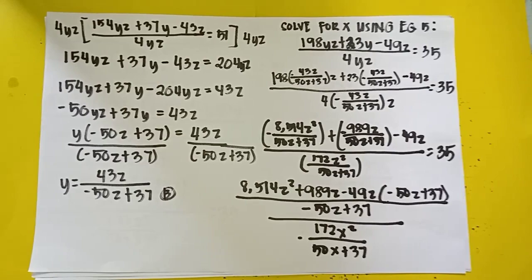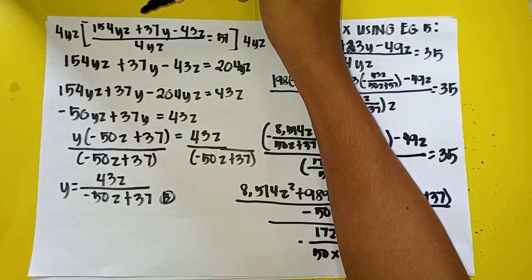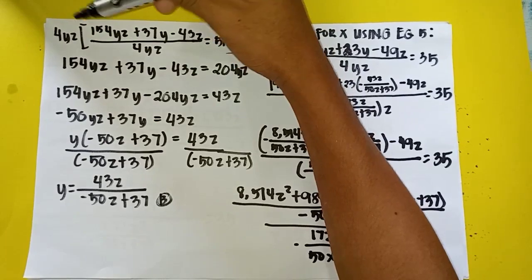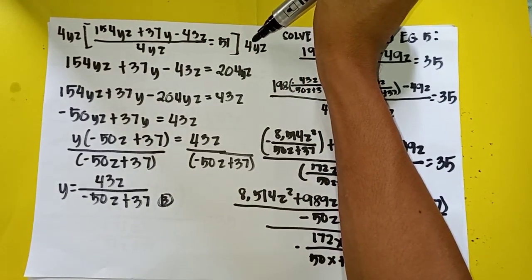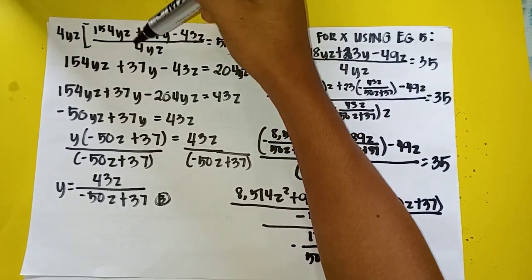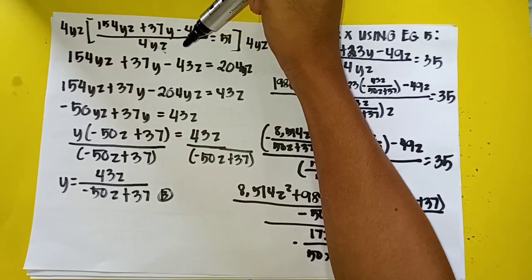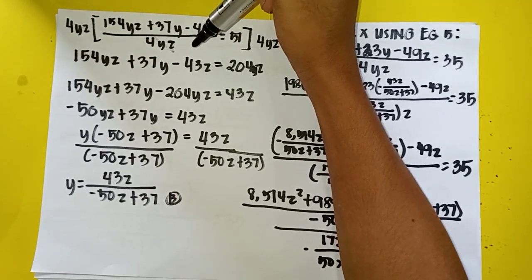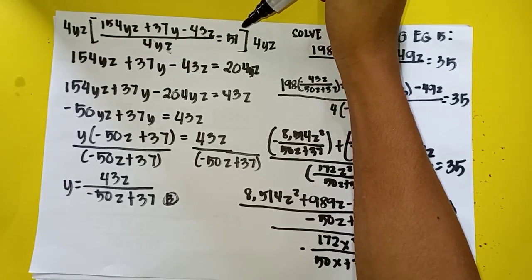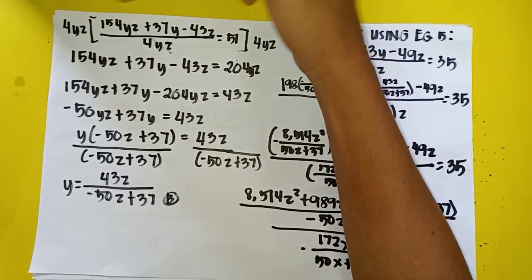The next, we have here 154yz plus 37y minus 43z over 4yz equals 51. Then we will multiply both sides by 4yz to eliminate the denominator. So, cancel. We will just copy 154yz plus 37y minus 43z equals 51 times 4, which is 204yz.